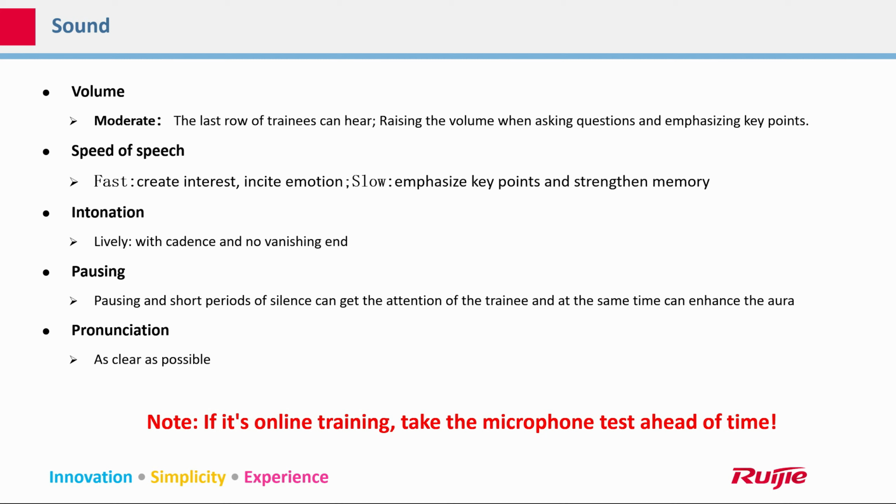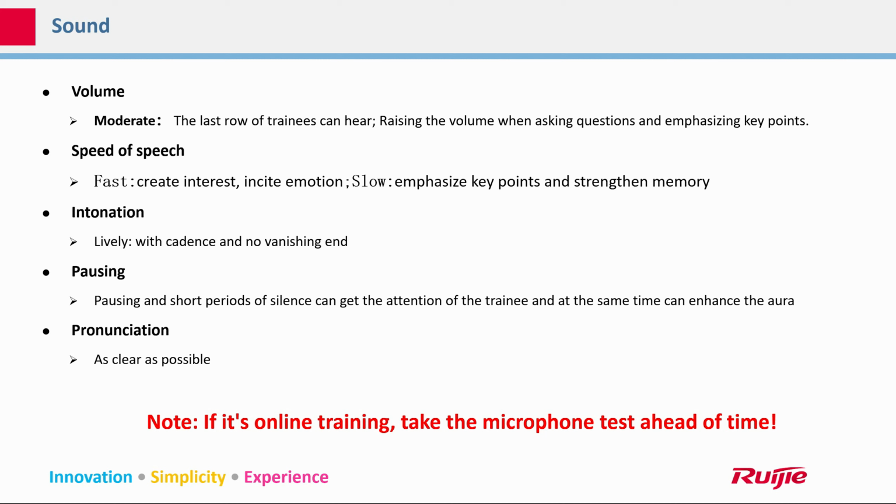Okay, and the next is the speed of speech. Fast speech can be used to create interest and incite emotions, while slow speech is used to emphasize key points and strengthen memory.